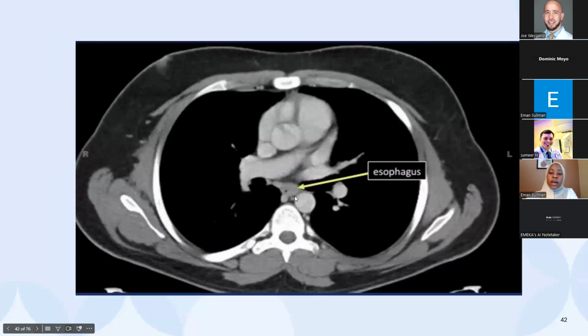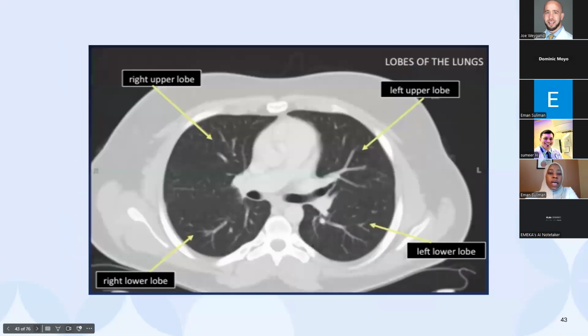Okay, and here the esophagus is shown, right in front of the aorta. So this is the vertebra, and this is the aorta, and in front of it is the esophagus. Now the lung lobes are shown.